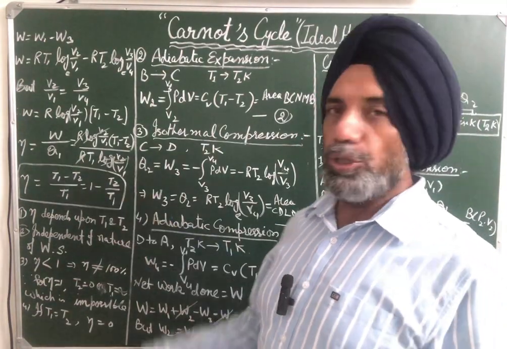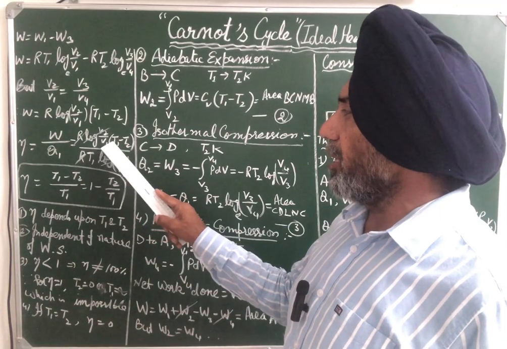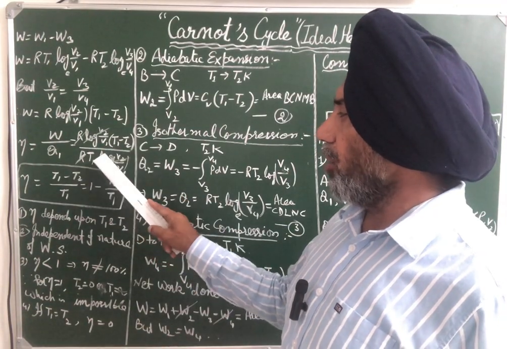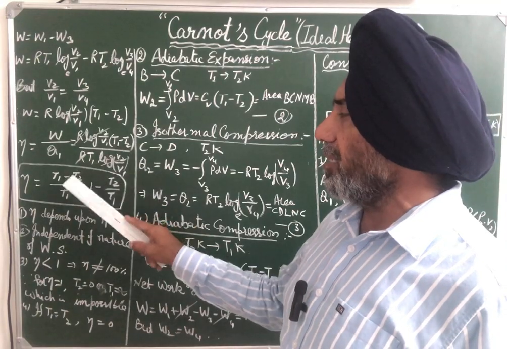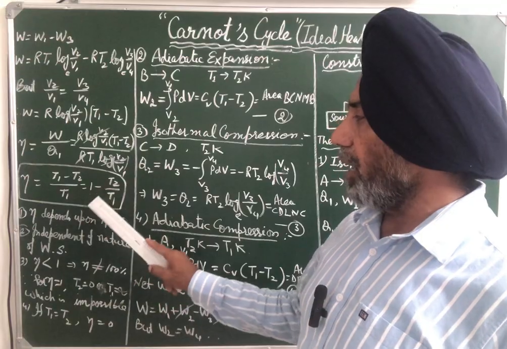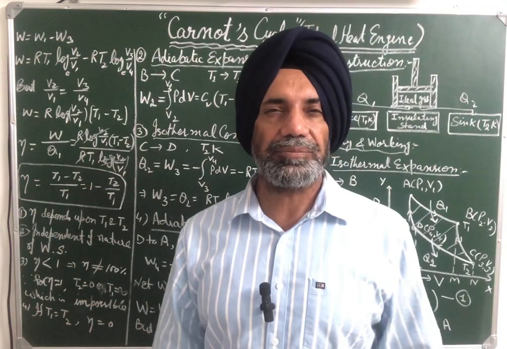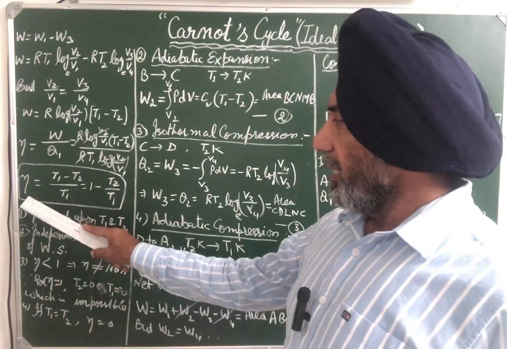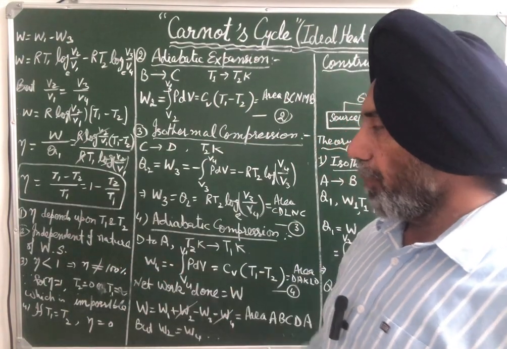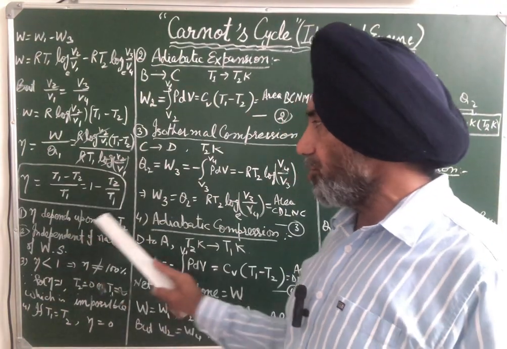So it will be R log V2 upon V1 (T1 minus T2) divided by RT1 log V2 upon V1. Log V2 upon V1 cancels, R cancels. So we get eta is equal to (T1 minus T2) upon T1, or 1 minus T2 upon T1, which is the required expression for the efficiency of the Carnot cycle. Eta is equal to (T1 minus T2) upon T1, 1 minus T2 upon T1. Very, very important expression for efficiency.